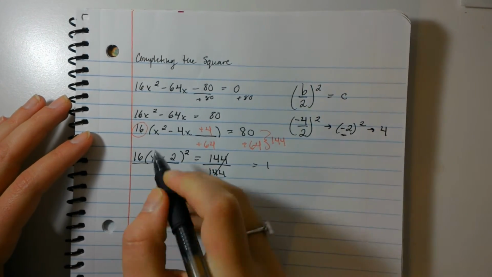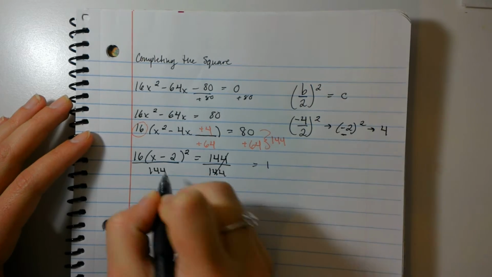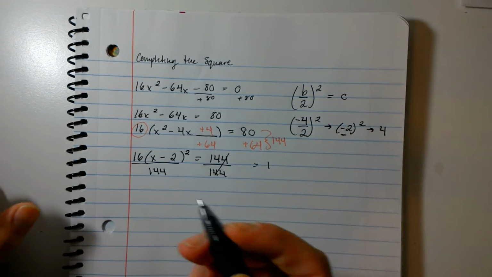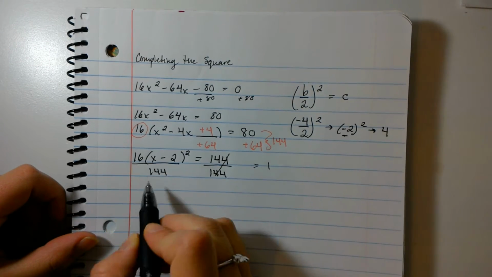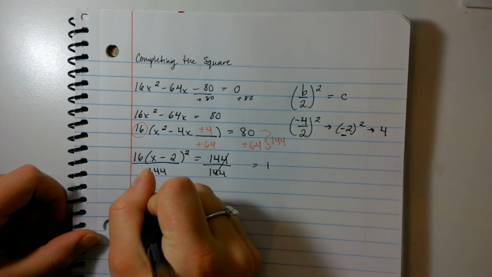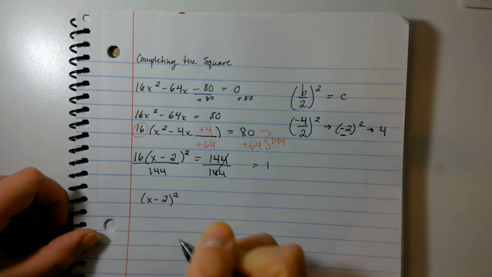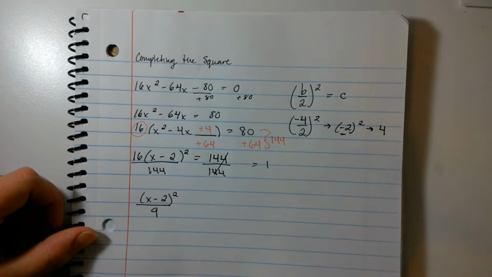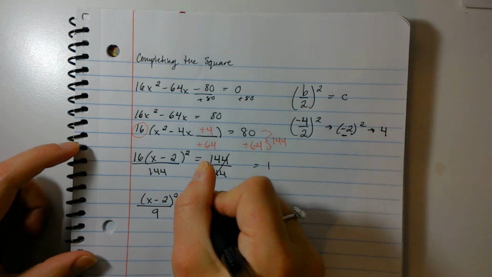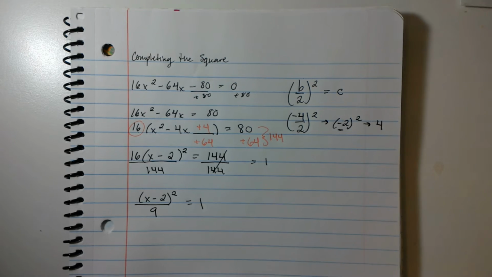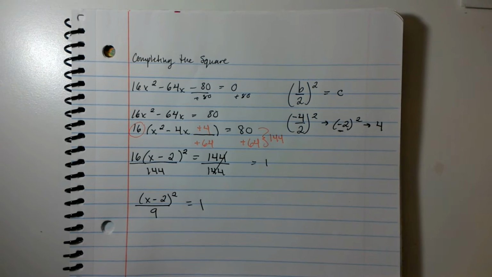So divide by 144. And this 16 goes into 144 a total of 9 times. So you'd have 1 over 9, but you can simplify that down to x minus 2 in parentheses all squared over 9. Okay? And that's equal to a positive 1. Now that's the first step in completing the square for a trinomial.